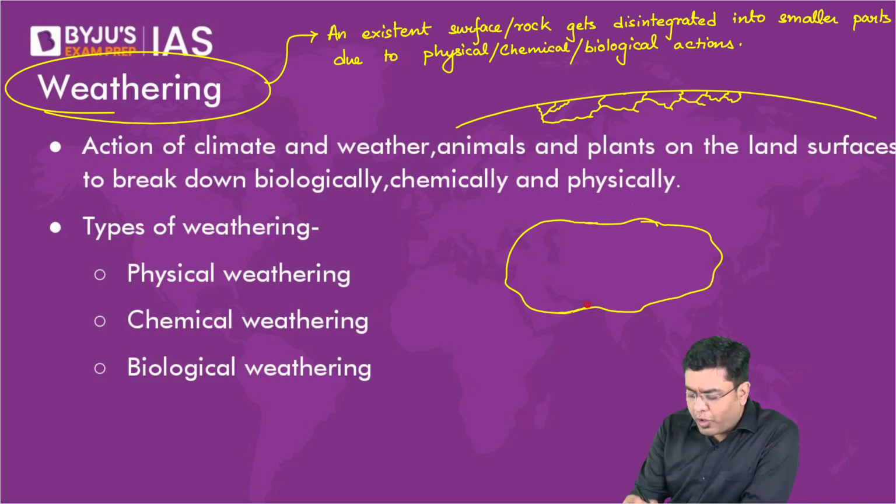Let's suppose this rock has the presence of a certain material such as calcium. Calcium is readily soluble. So let's suppose here you have a significant chunk of calcium. Why calcium? Because calcium is soluble in water.